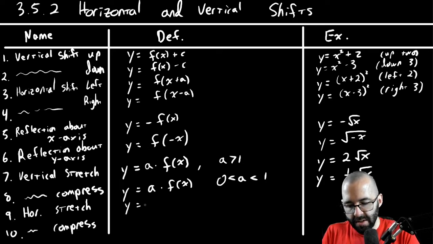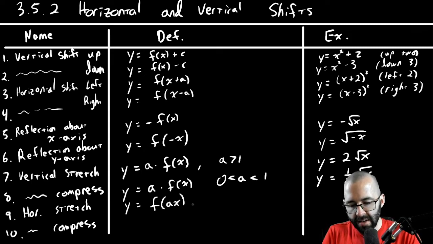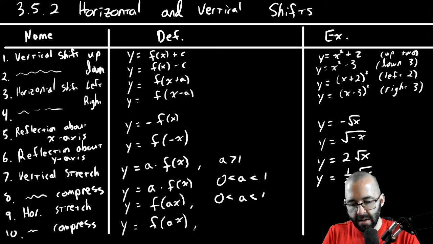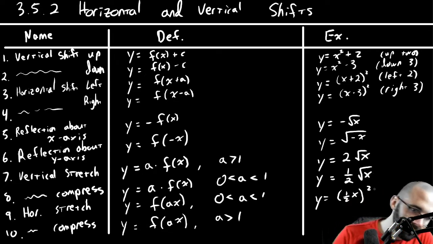A stretch on the inside is going to be f of ax, and this time it's stretching for small a's, and it's compressing for bigger a's. Okay, so watch out for these ones. So maybe it's like 1/2 x squared.